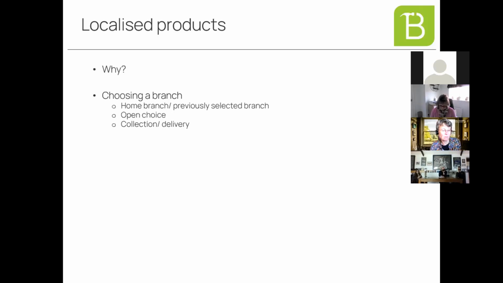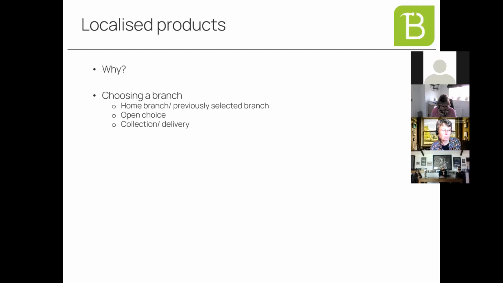So if I wasn't able to make the minimum order value for delivery, I'd be interested in only seeing the branches that were local to me. That would drive the decision as to which branch.